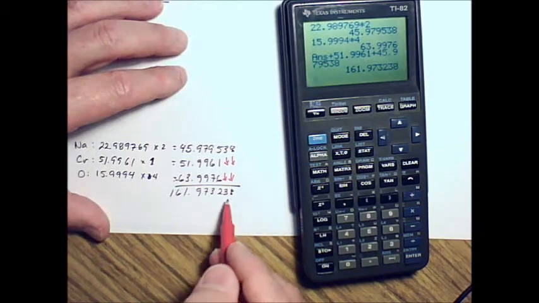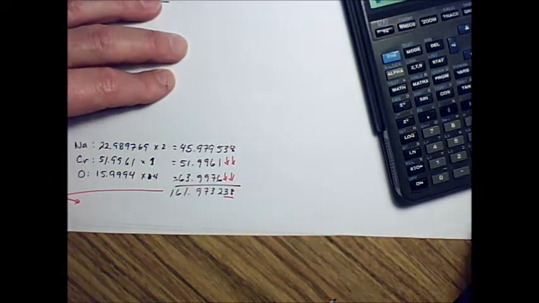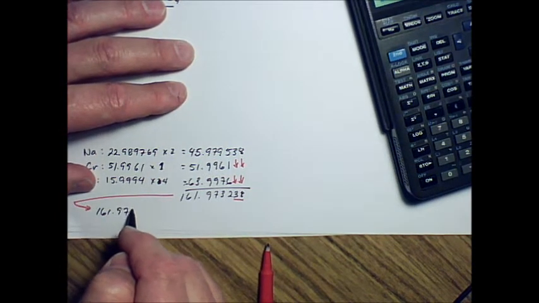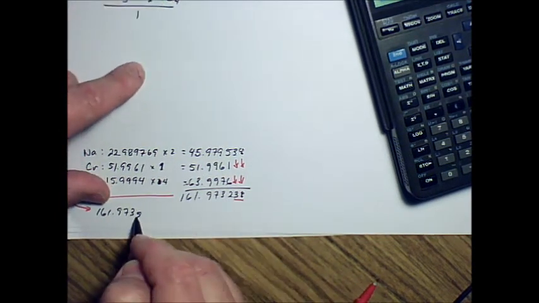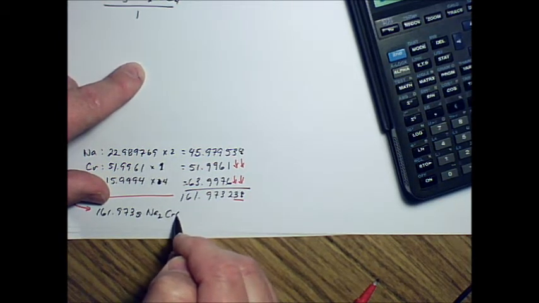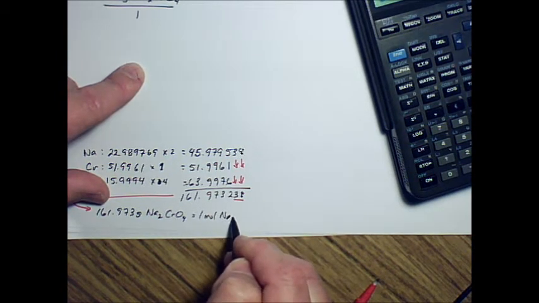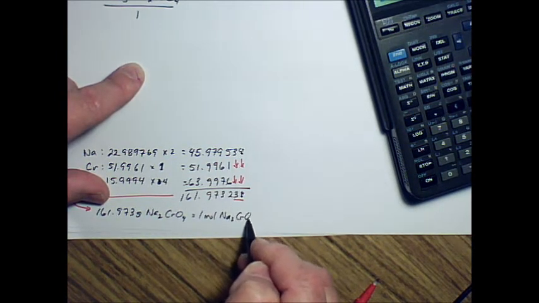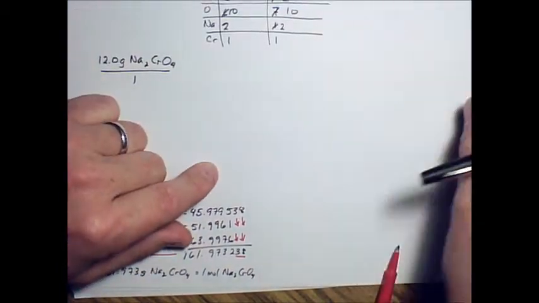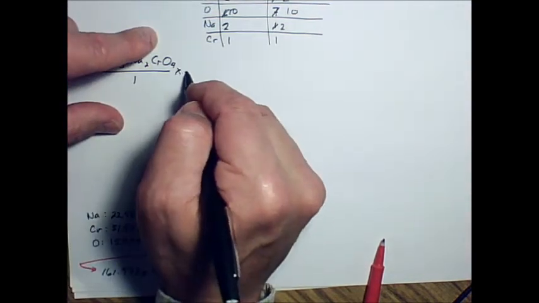We round off the last 2 digits over here. I get 161.973 grams of sodium chromate equals 1 mole of sodium chromate. That gives us what we need. This equality statement is needed to convert this from grams to moles.